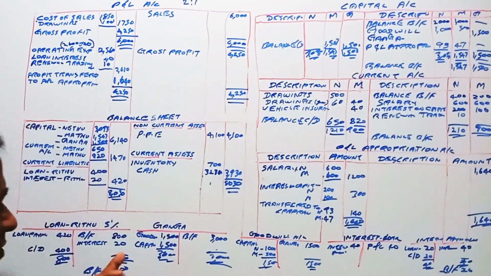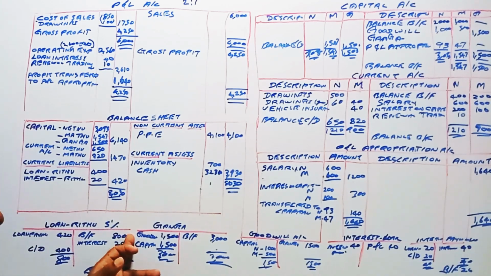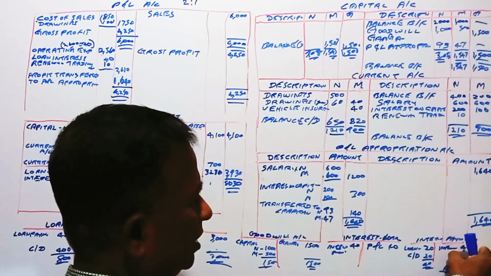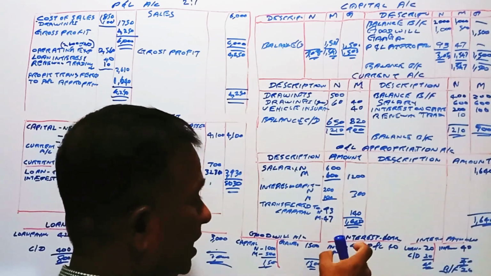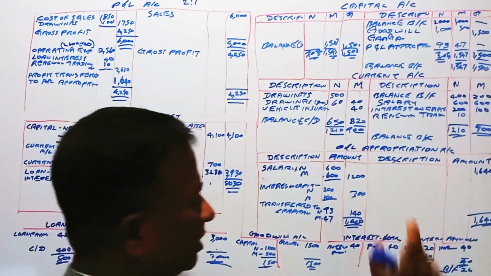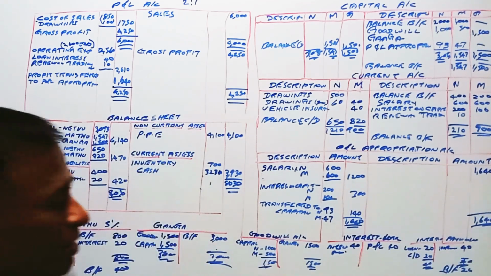So we have to see what is the interest payable for the year. 5% on 800,000 means 40,000. 40,000 we have credited to the interest payable and debited to the interest account. Interest account debit, interest payable account credit. Simple double entry.